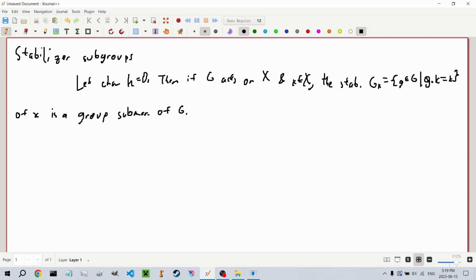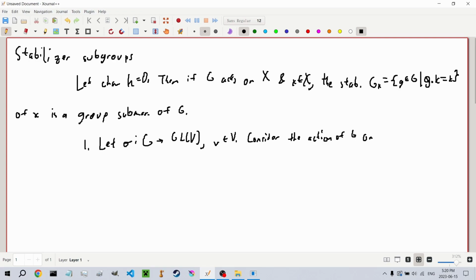Now we're going to apply this to representations. First off, let sigma be a linear representation of a Lie group G on a vector space V, and let v be an element in V. Consider the action of G on V by sigma.